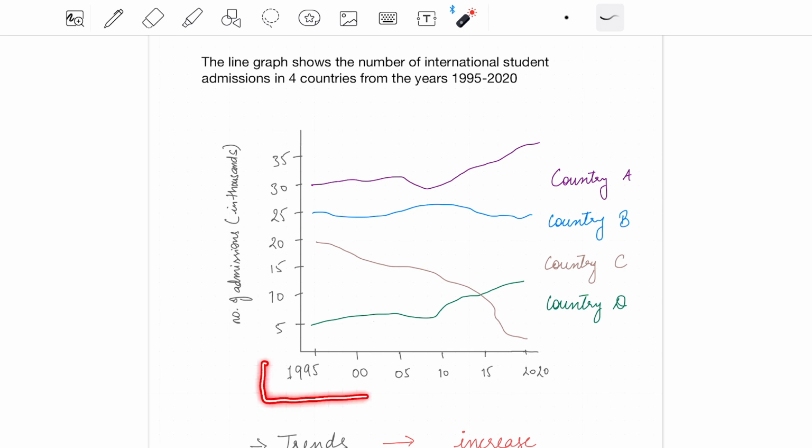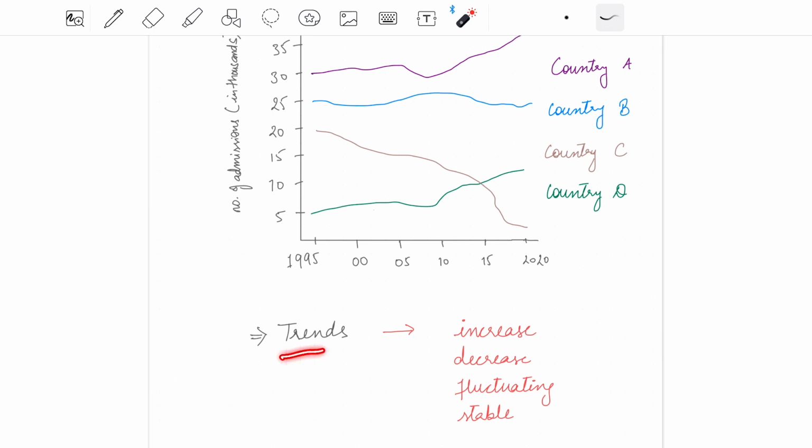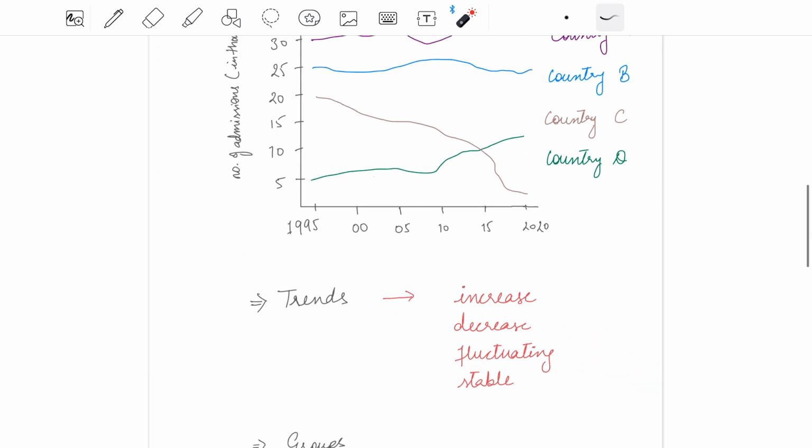As we can see here, the time is given and it is a movement or a dynamic type of data. That means that we have to look at the trends. We have to look at what is increasing and what is decreasing, if there is something which is fluctuating, or there is a data set which is stable.